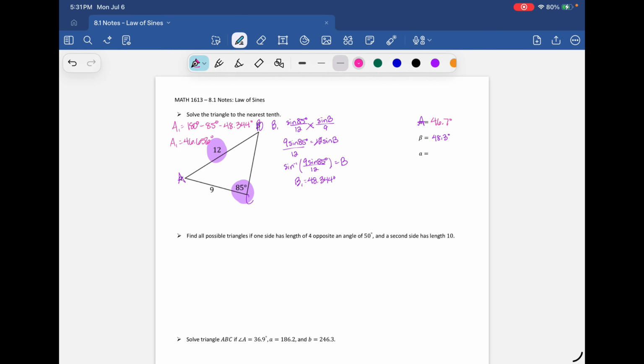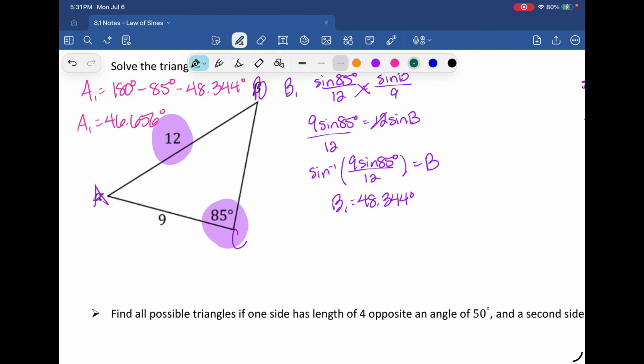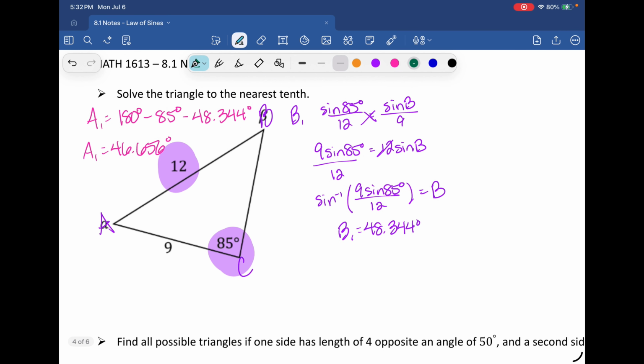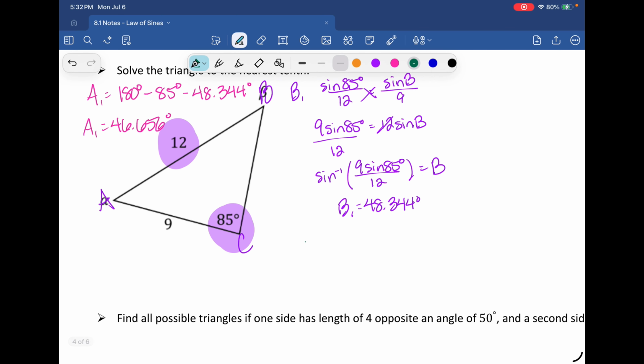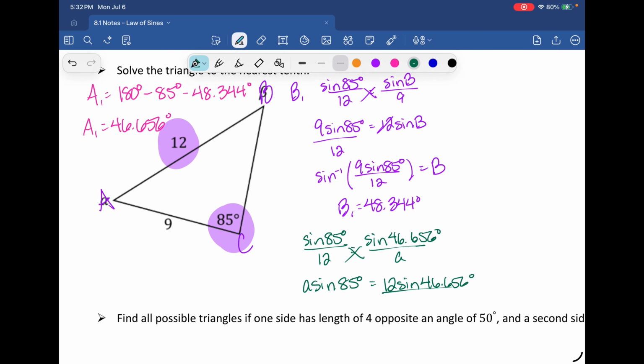And the last thing we're going to do is find our missing side A using law of sines. Sine 85 degrees over 12 equals sine 46.656 over A. Cross multiply and divide.